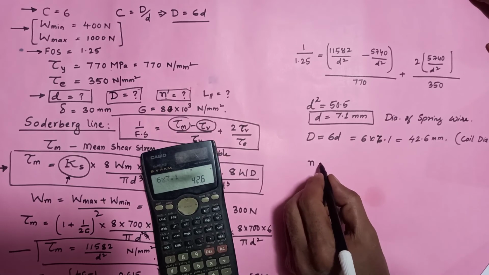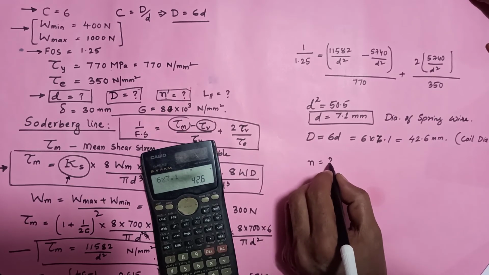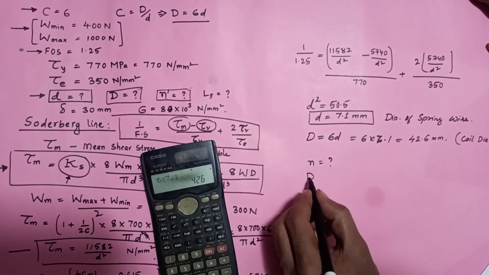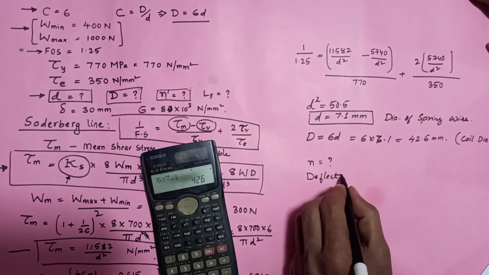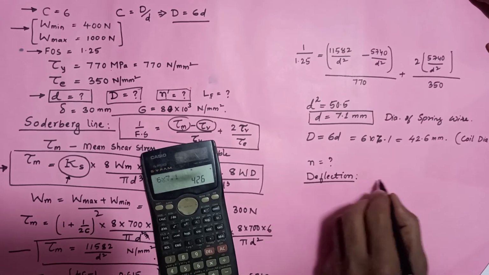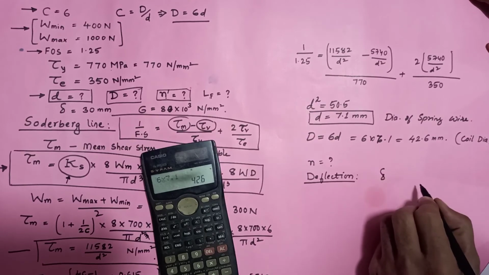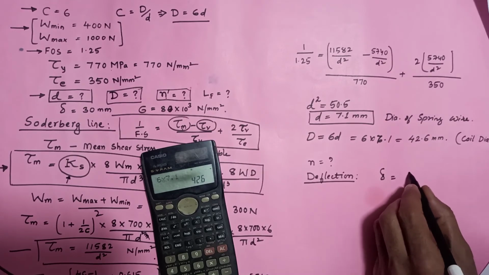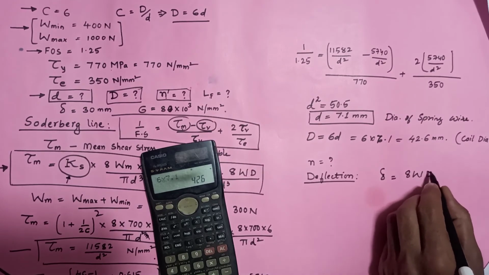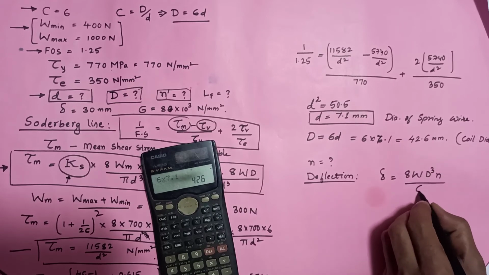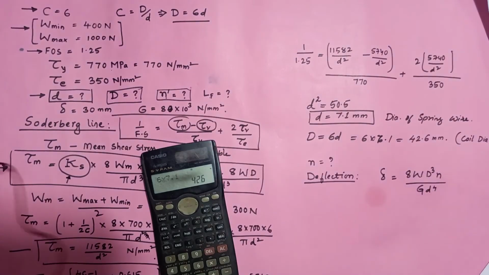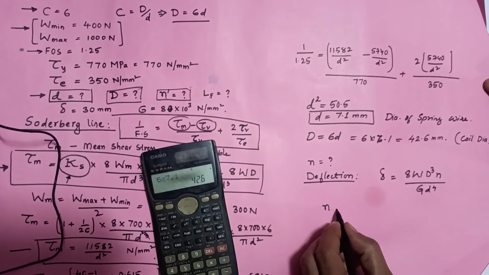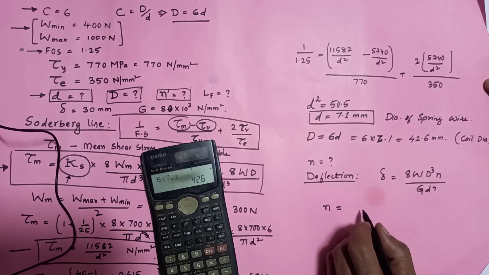The number of turns can be calculated by taking the deflection equation, where delta is equal to 8WD cube n by G d power of 4. Using this equation, you can calculate the number of coils, the number of turns.